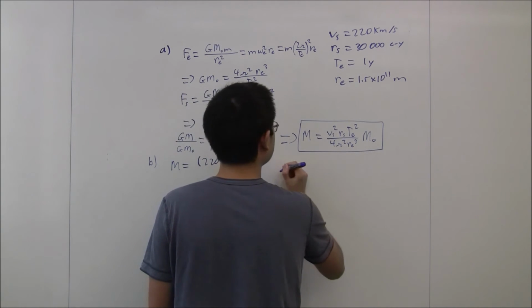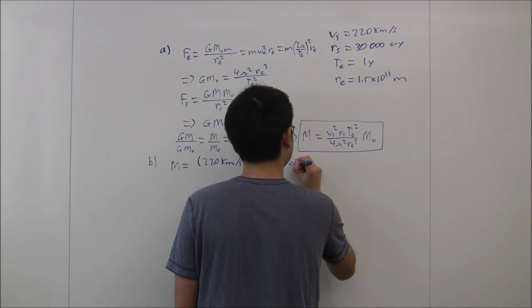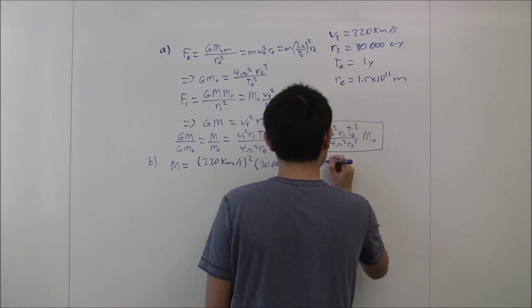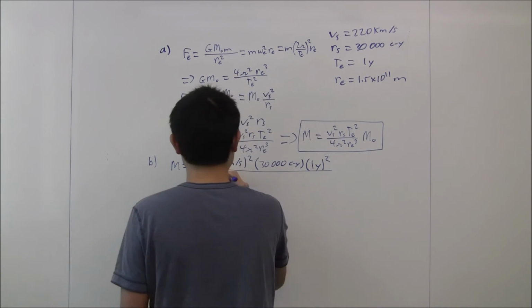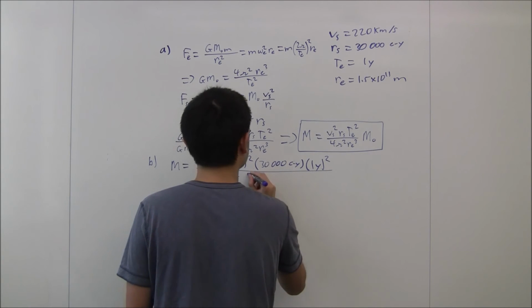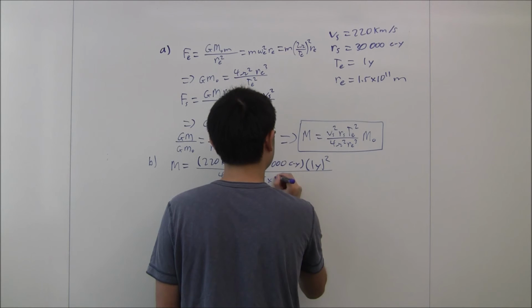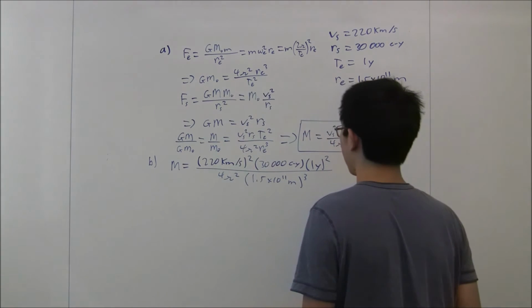Square that times the radius of the sun, which is 30,000 light years. We also have to multiply by the period of the Earth, which is 1 year, and square that. We have to divide by 4 pi squared times the radius of the Earth, which is 1.5 times 10 to the 11 meters, and cube that.